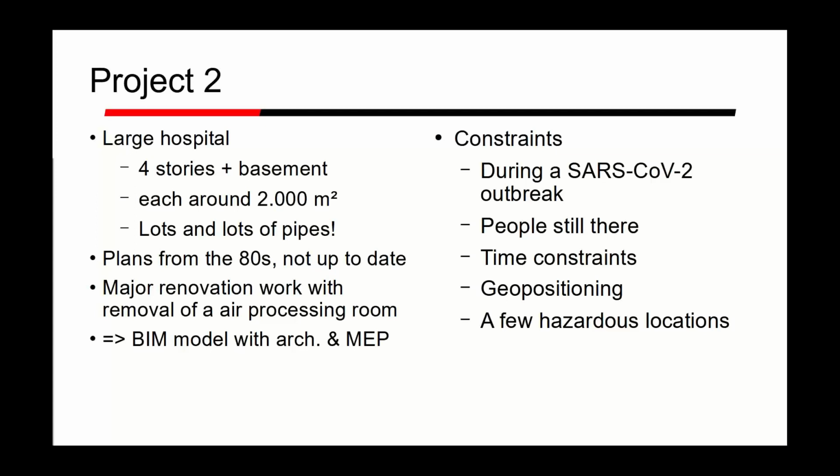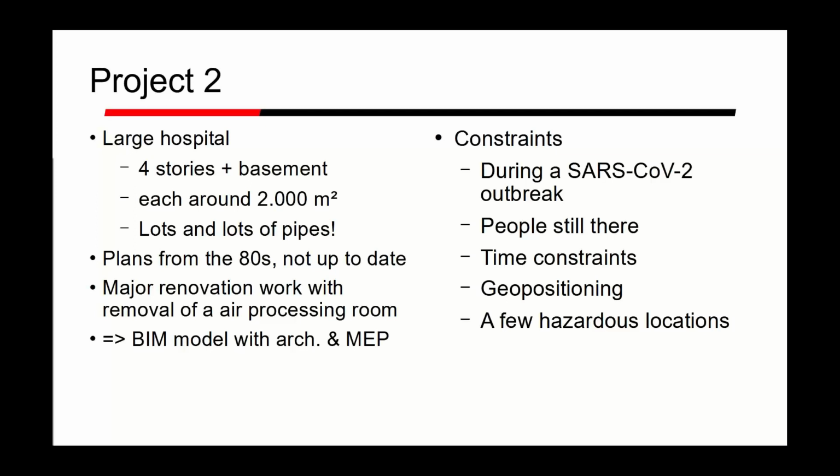So they want a BIM model with the architecture, like we showcased in the previous project. Architecture is something that we can do easily. And also with MEP, which is all the technical stuff, having a model including pipes and ducts for air. In addition to that, there were a few constraints.